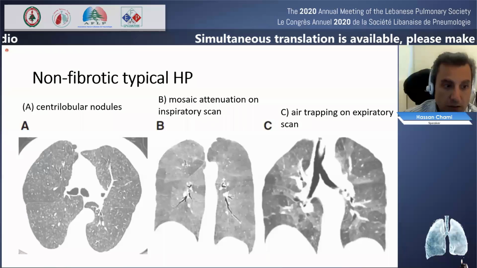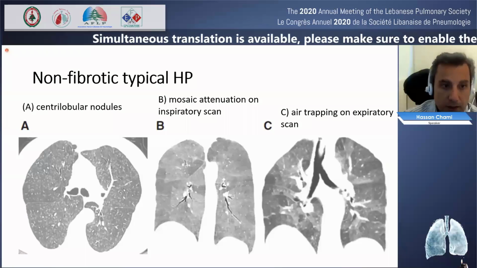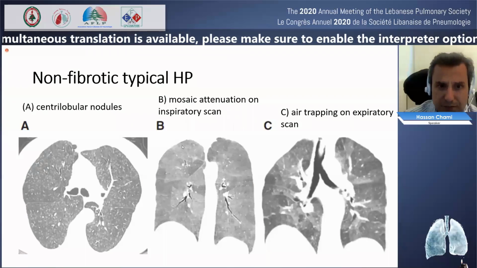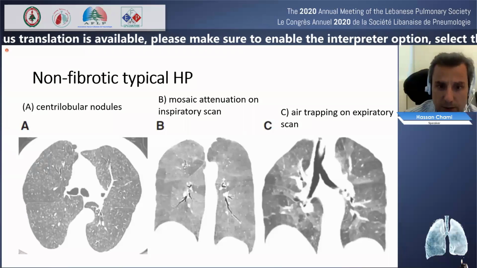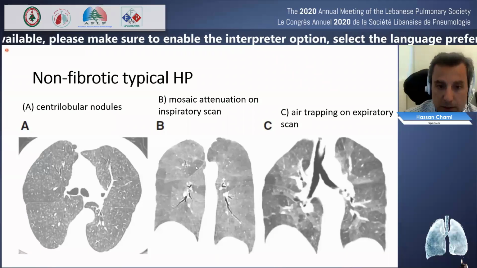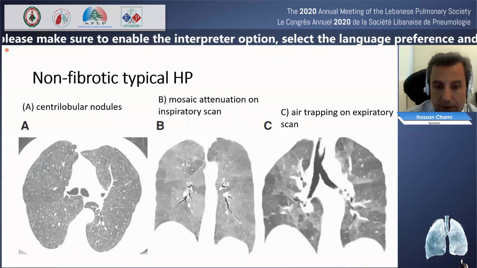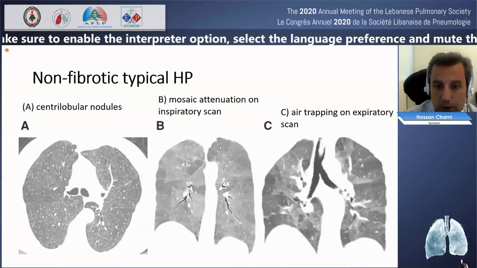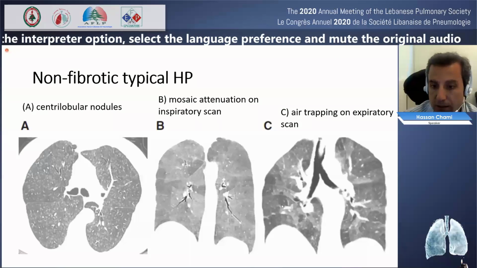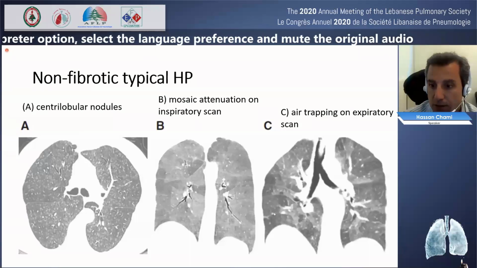Under A would be the centrilobular nodules that would be typical for a non-fibrotic or inflammatory HP. Under B is the mosaic attenuation that you can see here. This is an inspiratory scan, so this is not airway based, while the air trapping would be highlighted here on the expiratory scan.